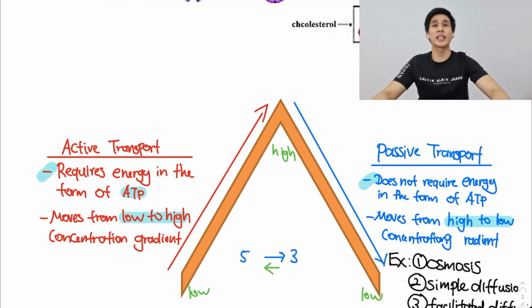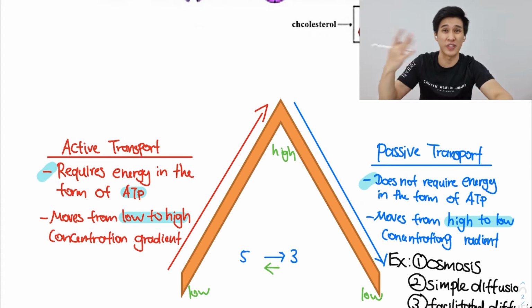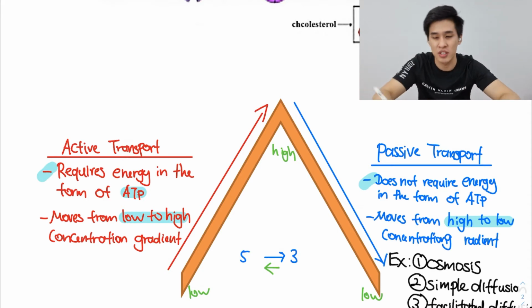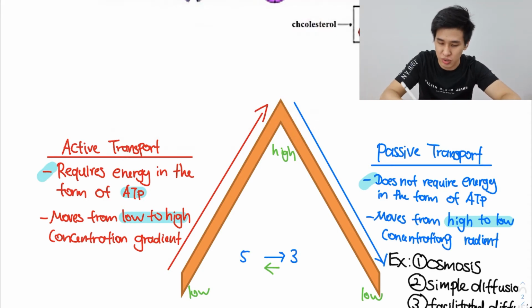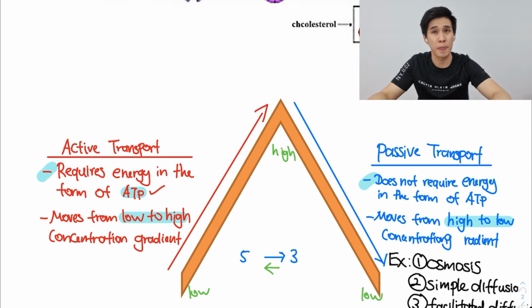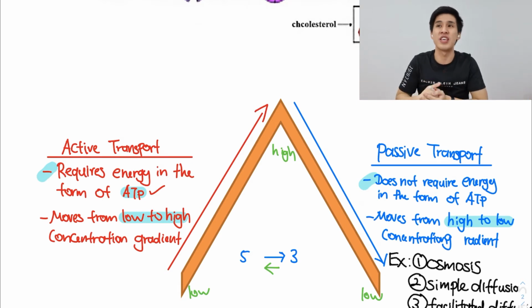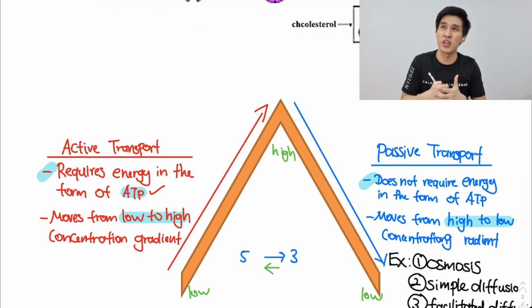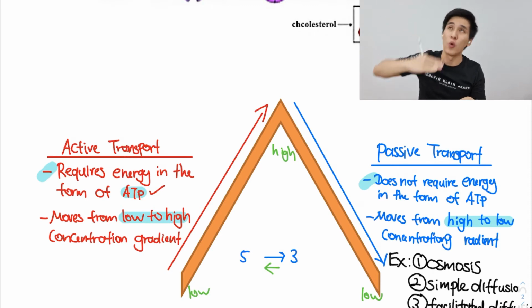Going up the mountain is always a much more difficult task because you're going against gravity. Hence, you need to put in more energy to go up the mountain, so this process is going to need ATP. As you remember just now, if you need energy, that would be active. So active, you need energy, just like going up the mountain, low to high.